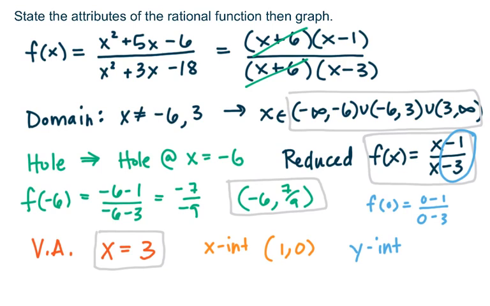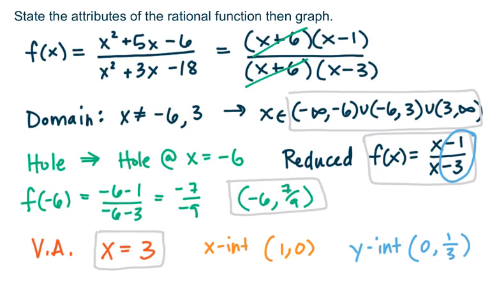Keep in mind, the y-intercept in a polynomial, quadratic, linear, cubic, etc., is always going to be that constant term. And since a rational function is a ratio of two polynomials, we're going to end up with that y-intercept being the ratio of the constants. In this case, the y-intercept is 0, positive 1/3.